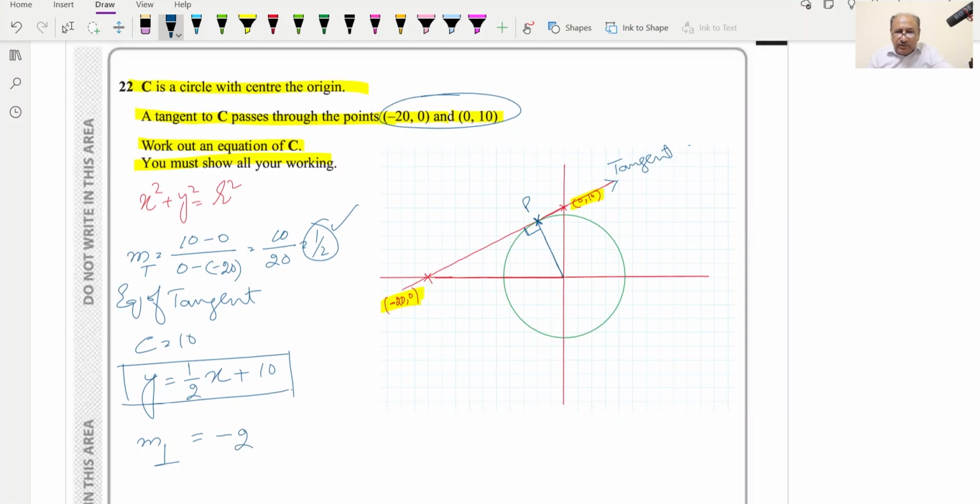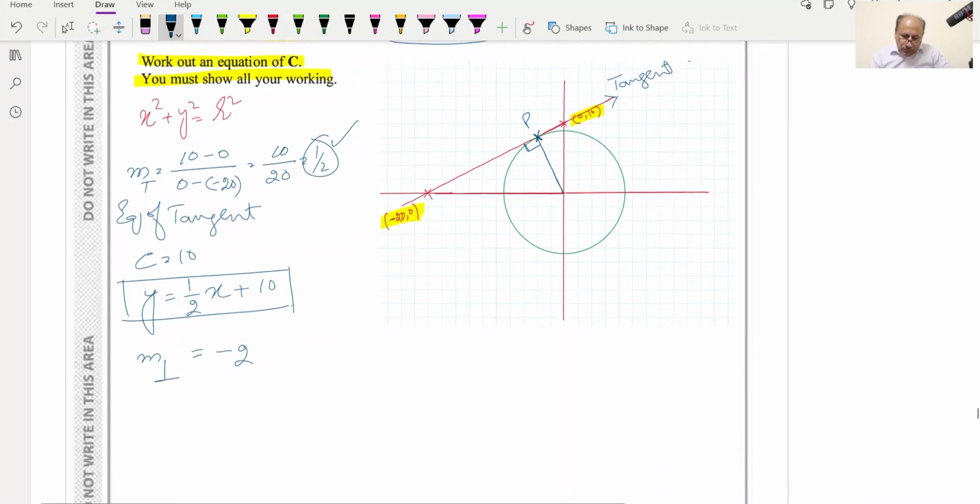Minus 2 will be the gradient, and the radius is passing through the origin, so we can write y equals mx plus c. The m value is minus 2 and the c value is 0, so our equation will become y is equal to minus 2x. This will be the equation for the radius.